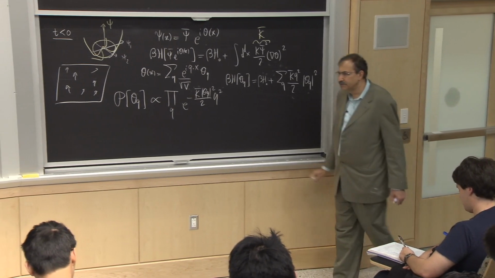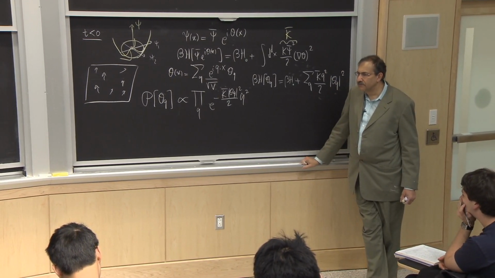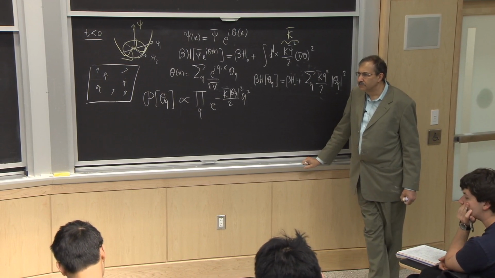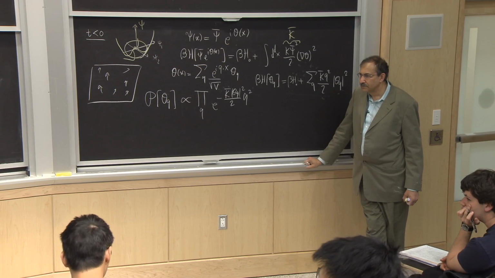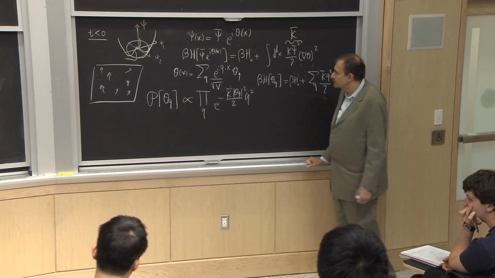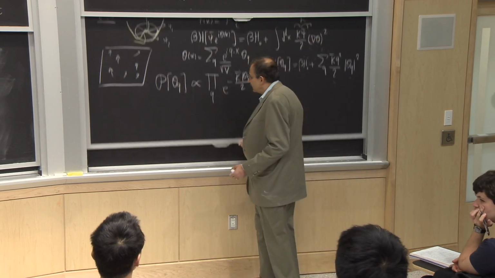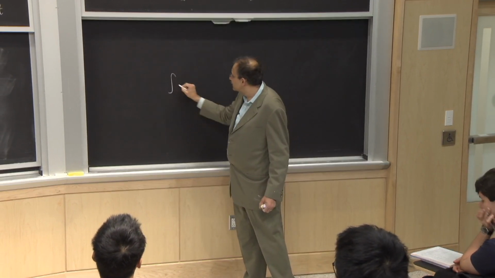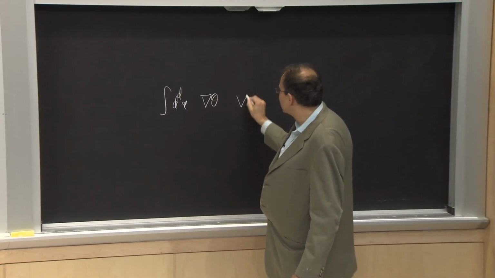When you plug in your summation of your Fourier series into the gradient and then you square that, why don't you get interactions between the different Fourier amplitudes? Okay, let's do it explicitly. I have the integral d^d x, gradient of theta, gradient of theta.